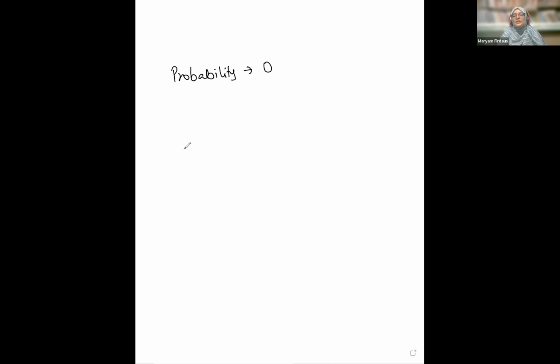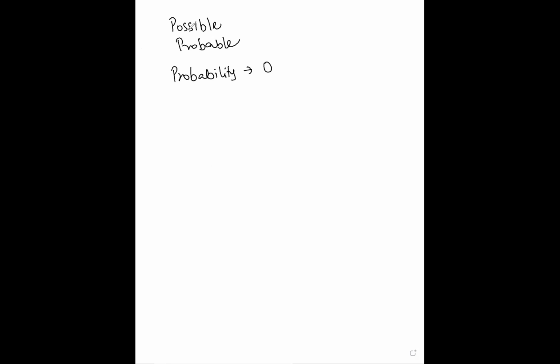Now what is the difference between something being possible and something being probable? What is the difference? Possible means it might happen. Like there's a 50% chance.